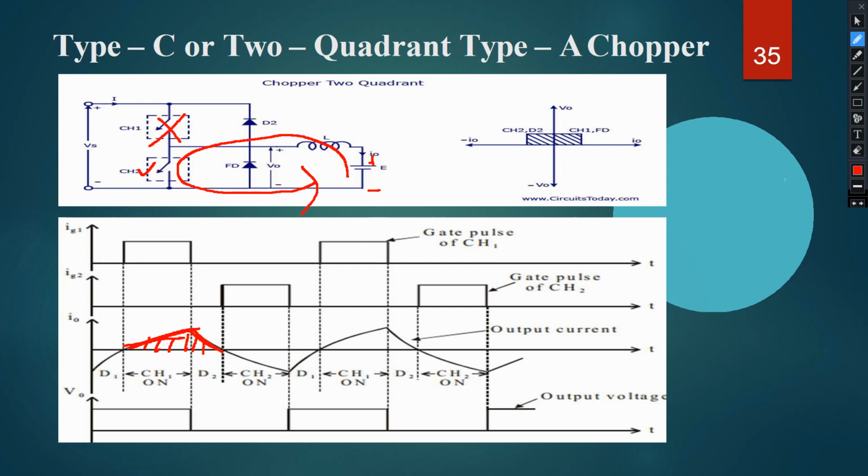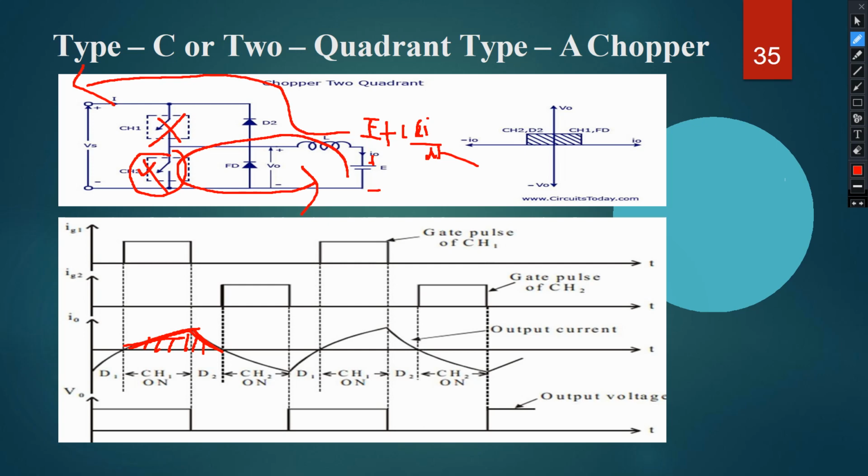This will be the direction of the current, and the load voltage will be E plus L di/dt when this switch becomes off. This stored energy in the inductor plus E will flow back to the supply. That means it is a type B operation.